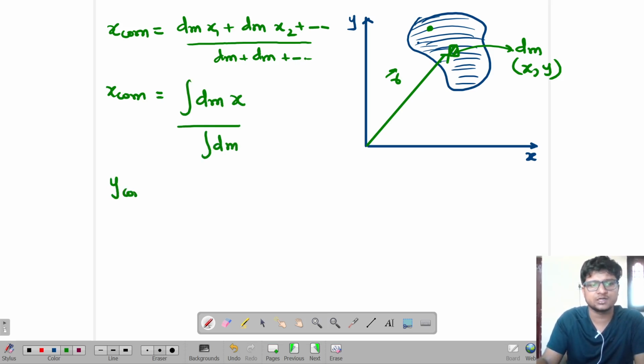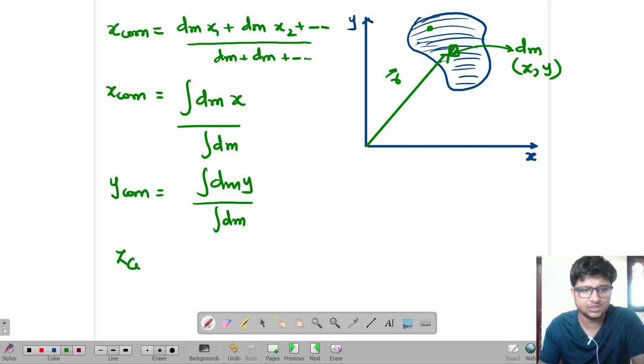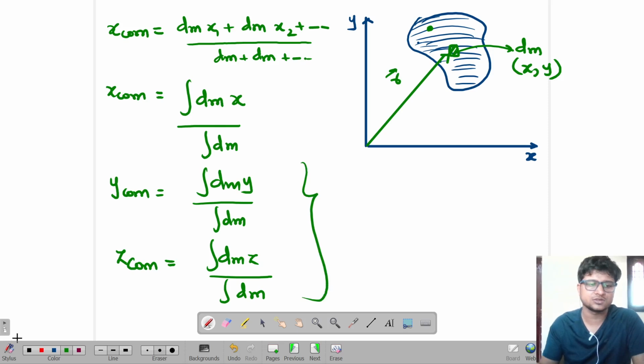Similarly, y center of mass was defined as integral dm y of dm divided by integral dm. Now, remember, these x, y are what? Coordinates of the infinitesimal mass, not the center of mass. Remember that. This is the biggest point.